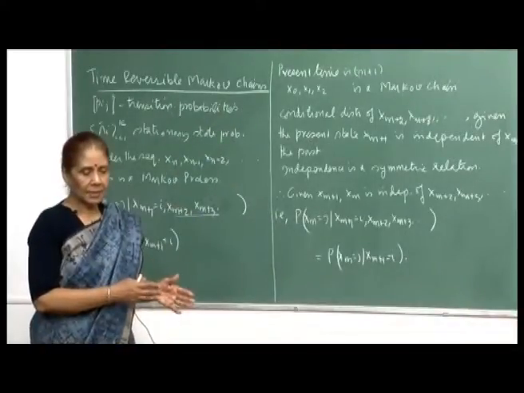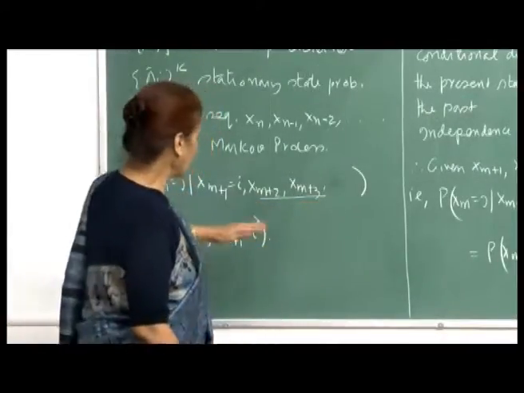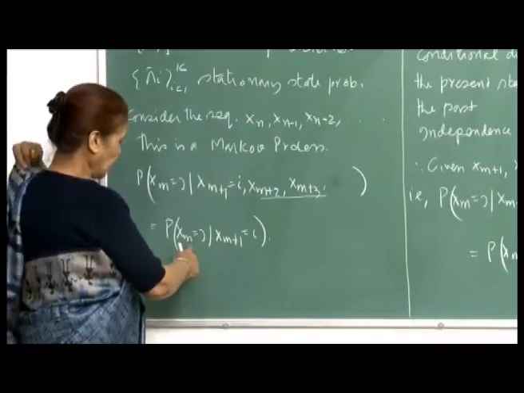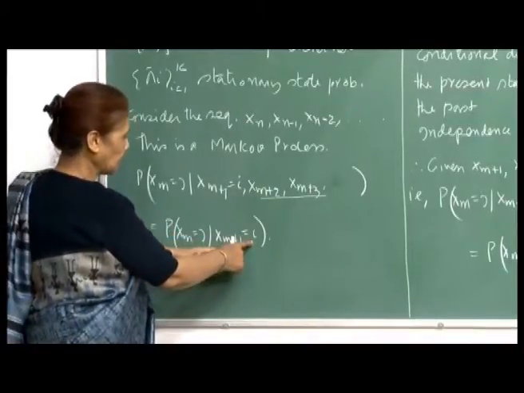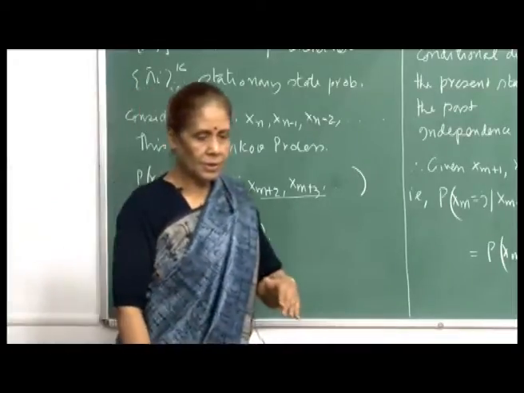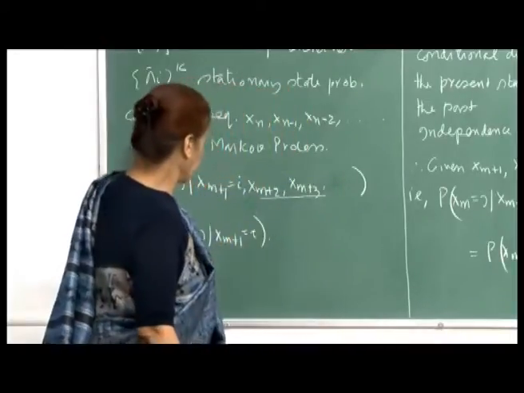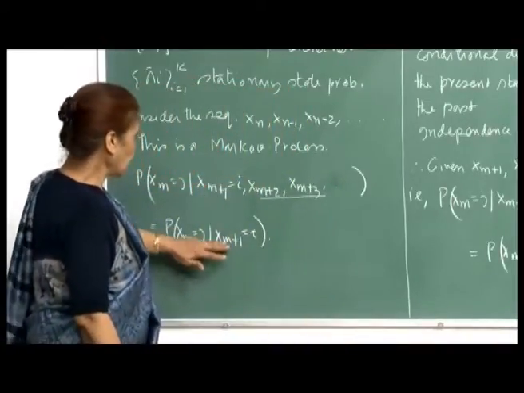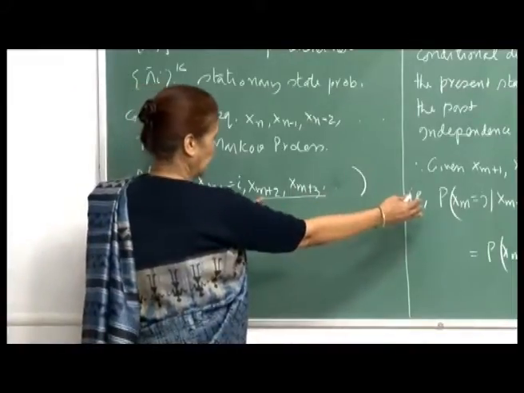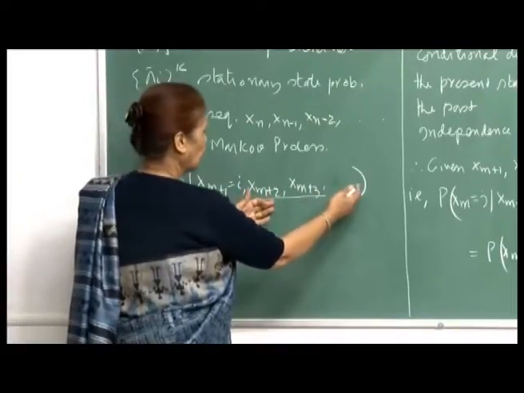If you are looking at this, then this is all past when you are looking backwards. Therefore, this conditional probability should be equal to the probability of x m equal to j given x m plus 1 equal to i. That means it would just depend on the current state being occupied by the process, and all the states occupied in the past do not matter, because now we are looking backwards.